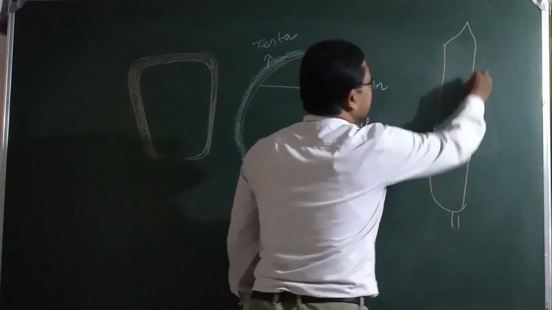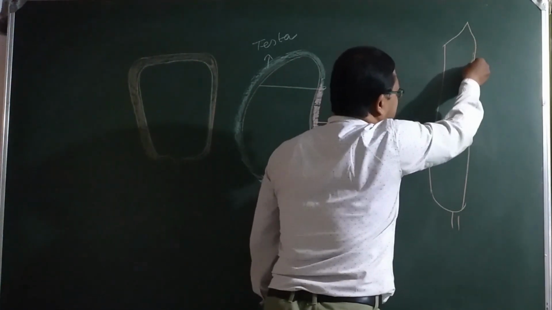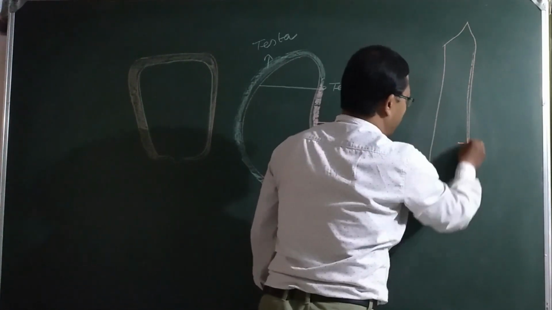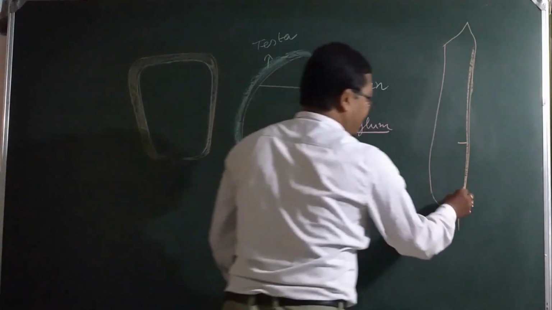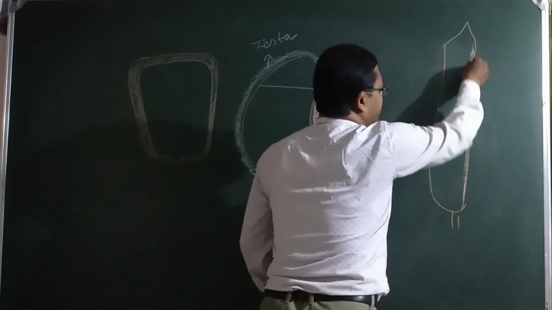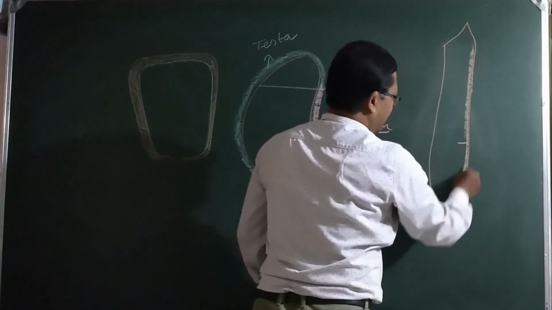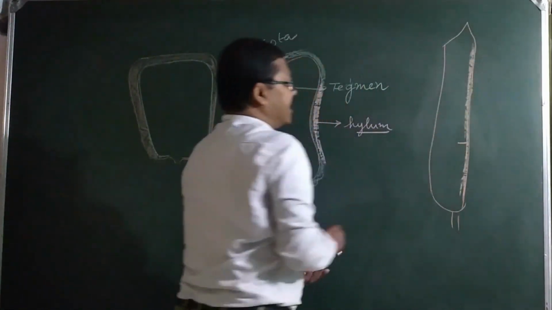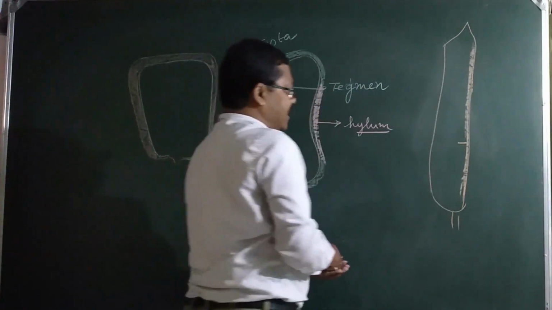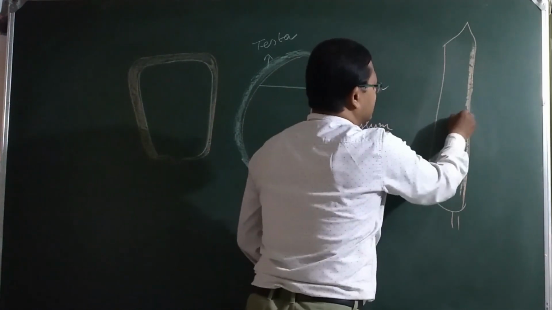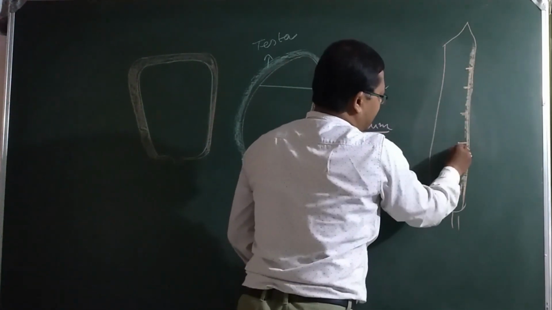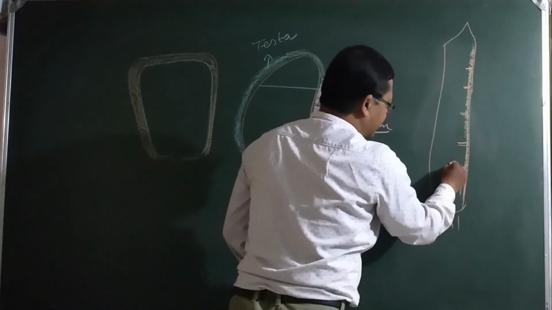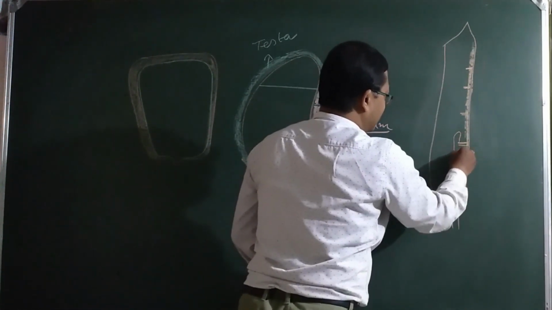In the pod, this soft tissue is called the placenta. It is found along one margin, and from the margin several small stalks develop, and each stalk is attached to a seed.